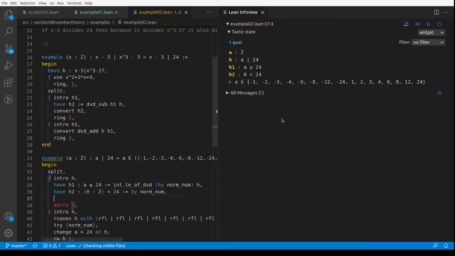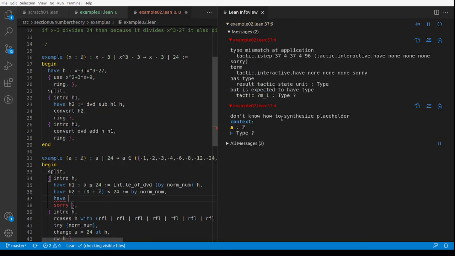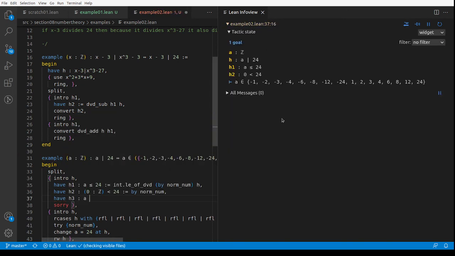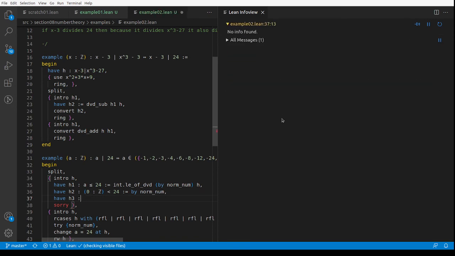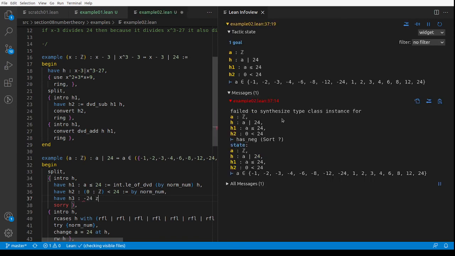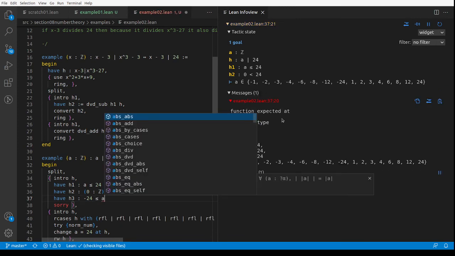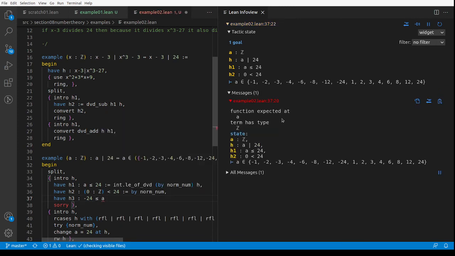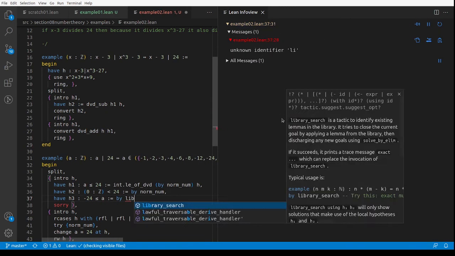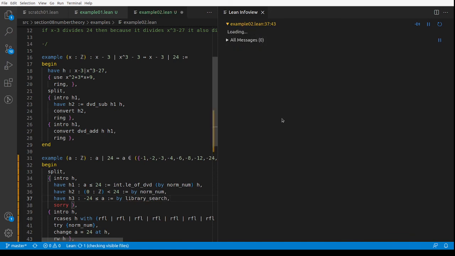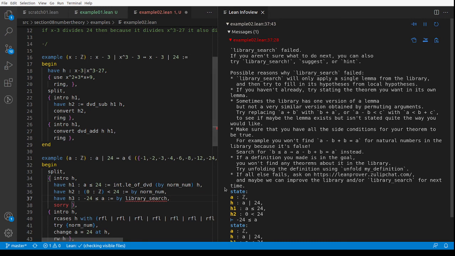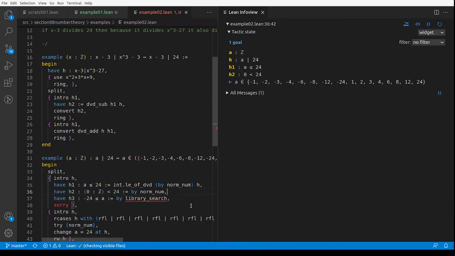And now can I deduce, have h3, I claim that a is greater than or equal to, well, minus 24 is less than or equal to a. Lean doesn't have any results in the library with greater than or equal to. And does library_search do this? It should be called... no, it doesn't. That could be in the library. There you go. If anyone wants to make a PR to the library.